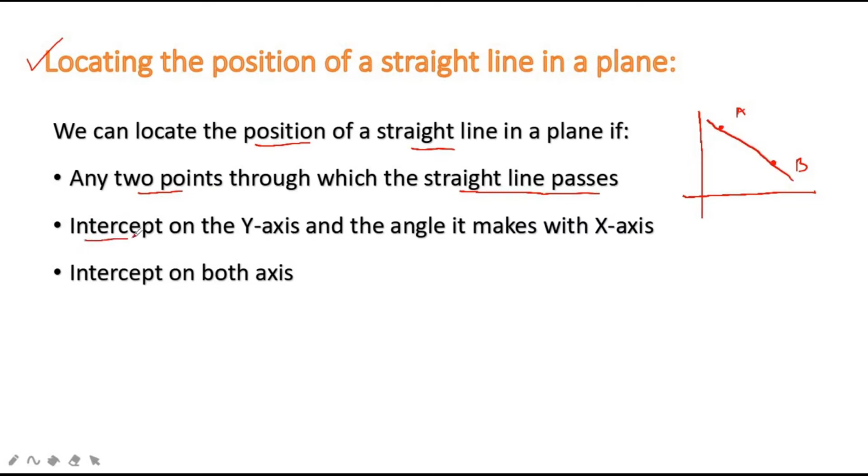Next, if the intercept on the y-axis is given and the angle it makes with the x-axis is also given, then we can also locate the position of a straight line in a plane.